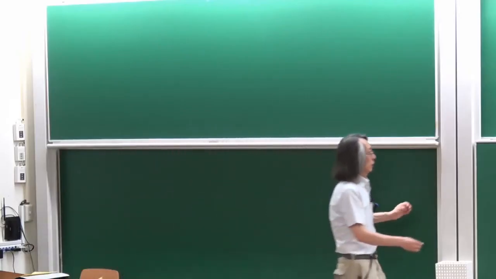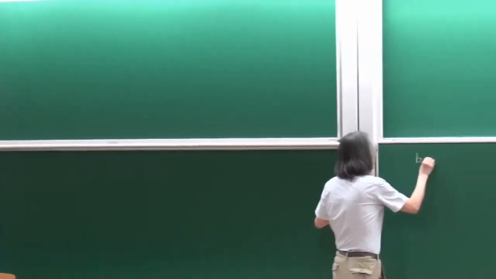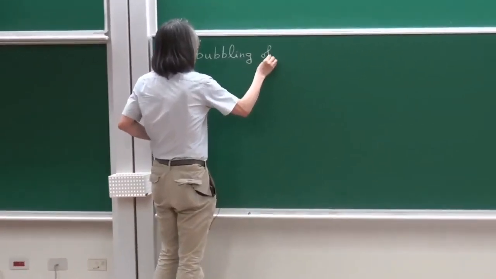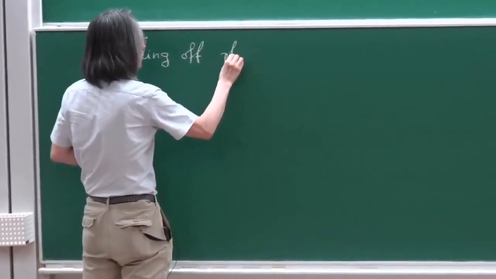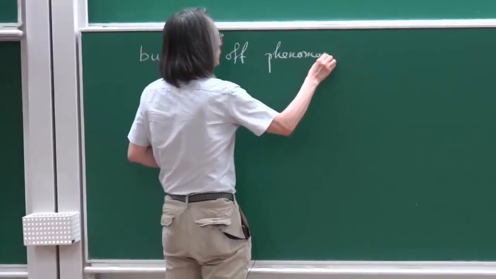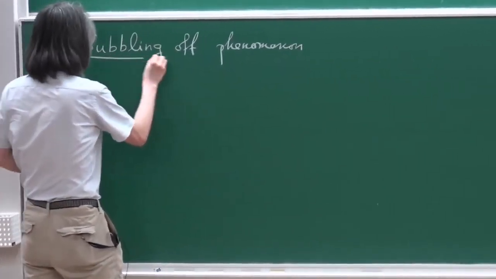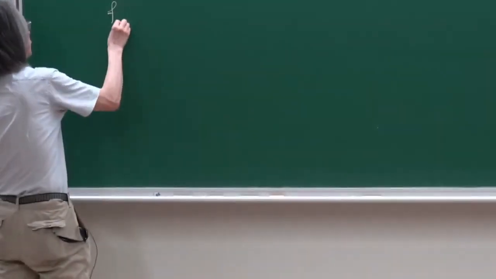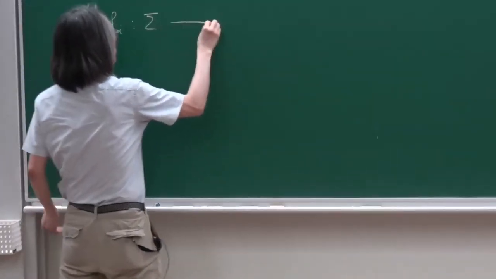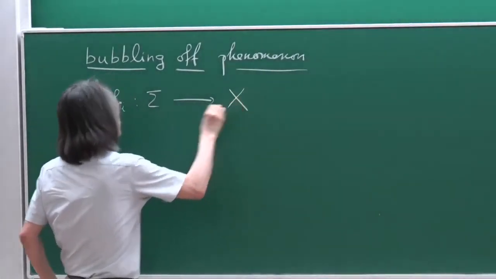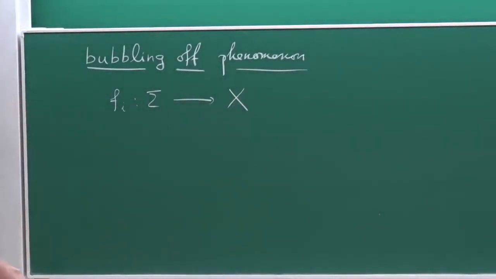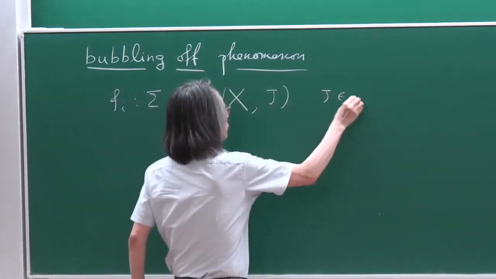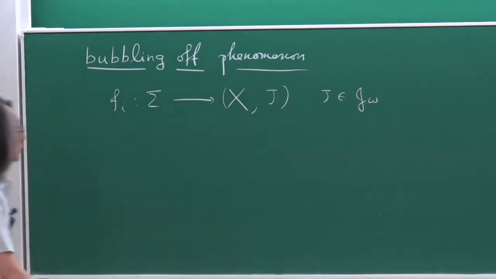So still, I also need to talk about this bubbling phenomenon. So let's suppose that you have a sequence of maps from a Riemann surface sigma to an almost complex manifold, so that J is compatible with certain symplectic structure.